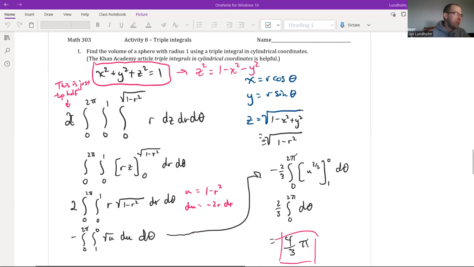We can exploit some of the symmetry, and instead of going from negative square root of 1 minus r squared to positive square root of 1 minus r squared, I'm going to say 2 and just go from 0 to the top part so that we're just integrating over the top portion of the hemisphere, but we're multiplying by 2 so that we get the volume of the entire sphere.